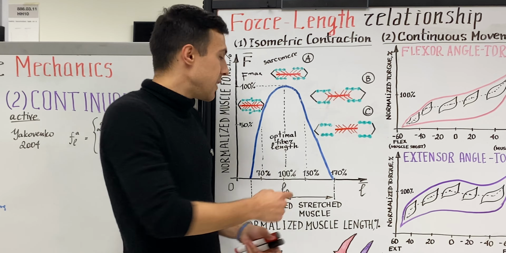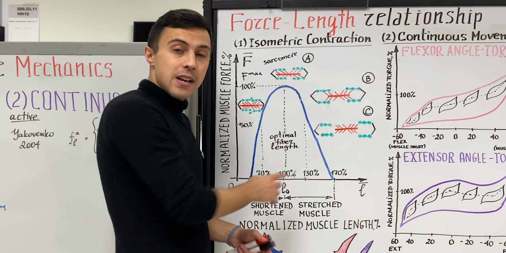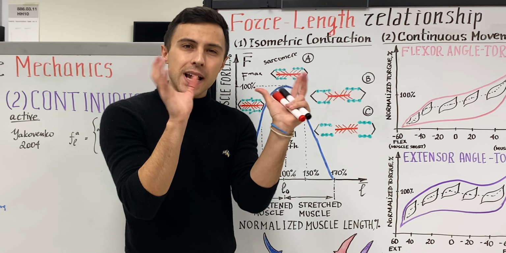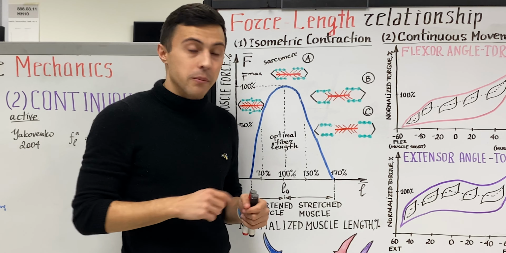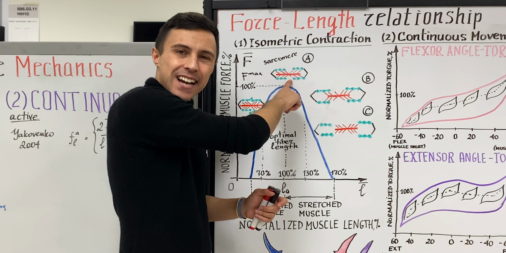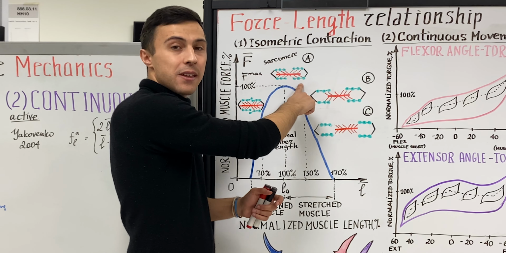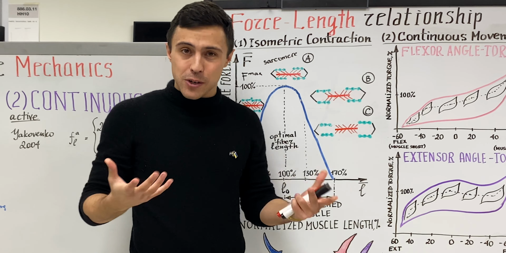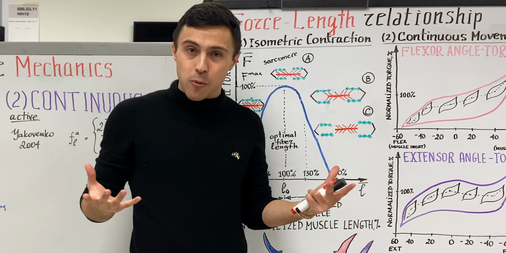Now, what is happening at the optimal fiber length? Simply, at the optimal fiber length, all of the myosin heads of the thick filament, shown in red here, are interacting with all of the actin binding sites of the thin filament, shown in green, right? So if all of the heads are recruited, that is the maximal force you can generate.